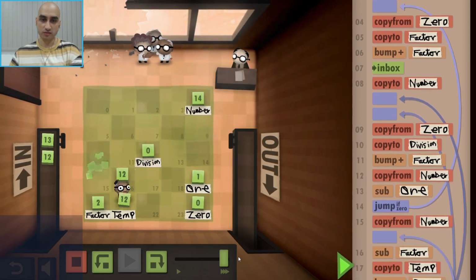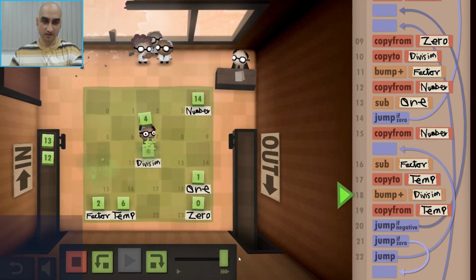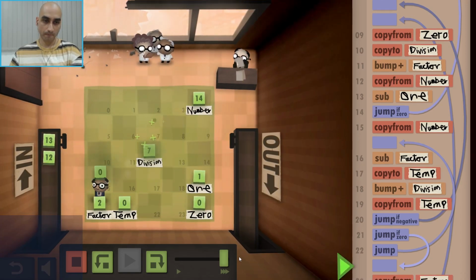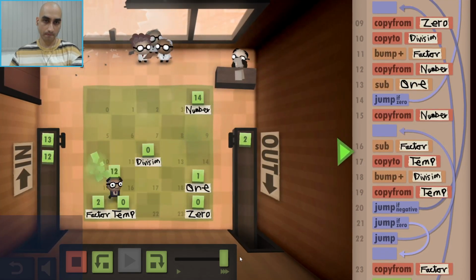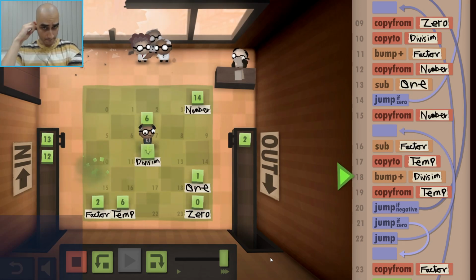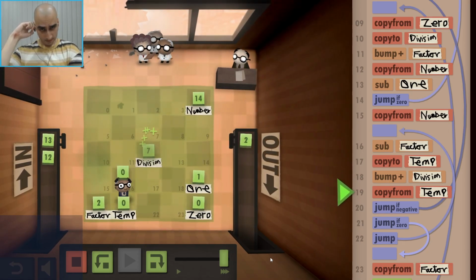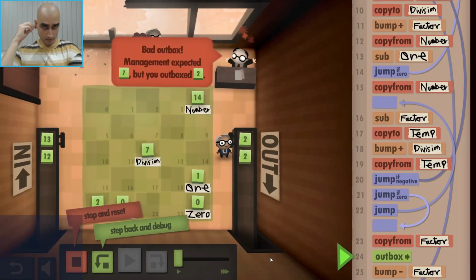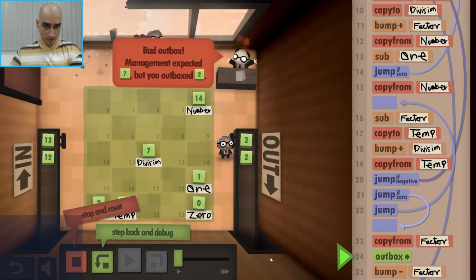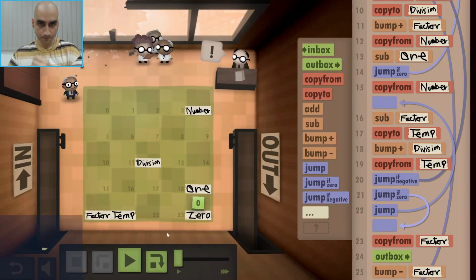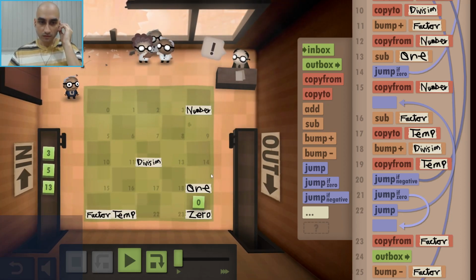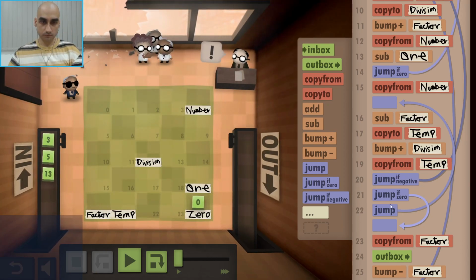That's actually good that they want that, because it's actually easier. Wait, what happened here? I didn't replace... Hang on. It was 14.